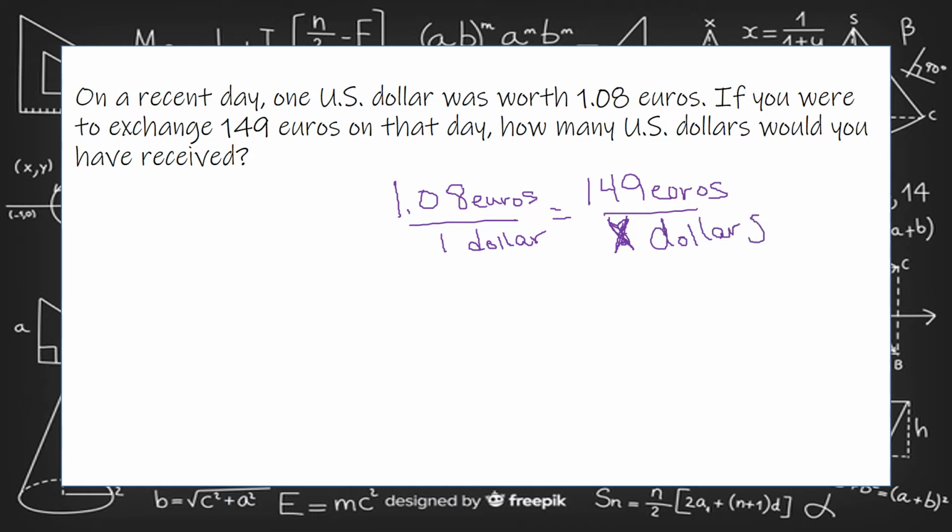So we're going to cross multiply 1 times 149 equals 1.08 times X. Then to get rid of the 1.08 being multiplied by X, we're going to divide by it.